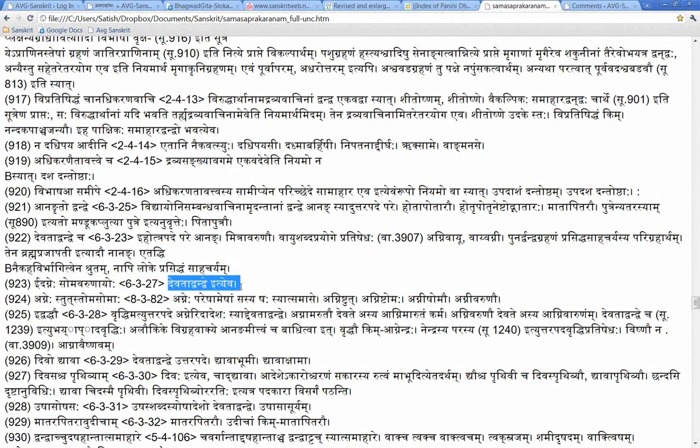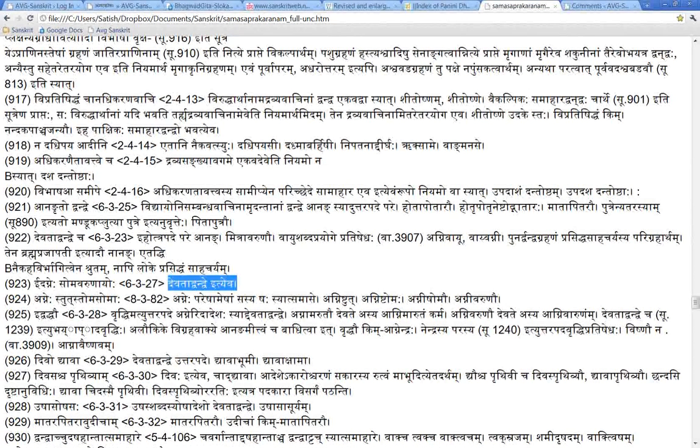Anango Apavadaha, because the prior sutra was saying Devata Dvandvecha Ananga. But this one is saying that if Agni is the primary word, then you have to use Devata Dvandve Ityeva, it has to be referred to Devatas. You have to use the Id Adeshaha, not the Ananga Adeshaha. It's an apavada for Anang.